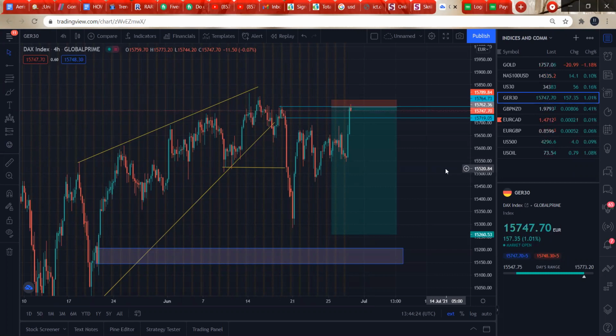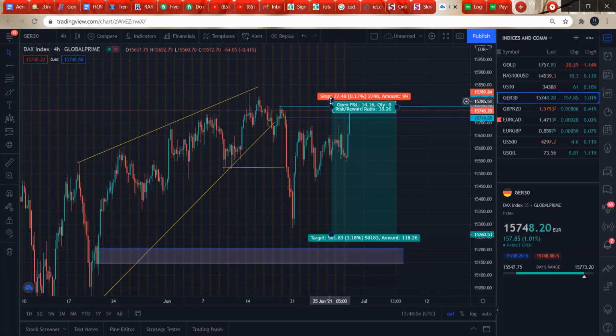Okay, 0.50 again. I just put 0.5. Make sure it's well managed. And then I'm just going to leave them running, because if it breaks this order block, the next order block is just on top there. So the stop loss is very tight. I like tight stop losses.